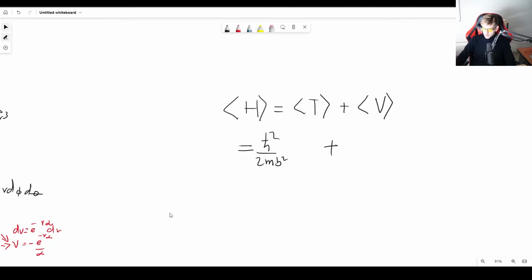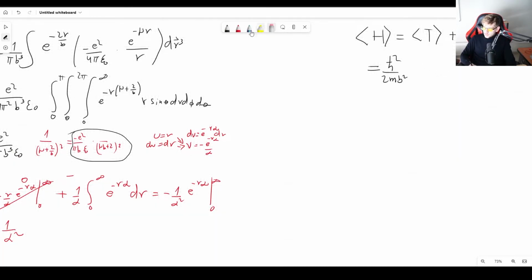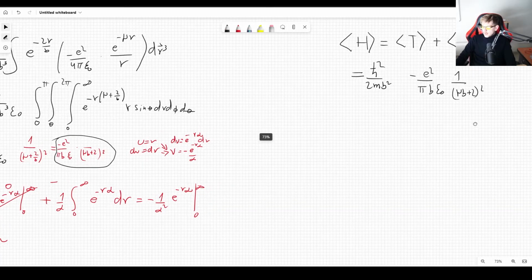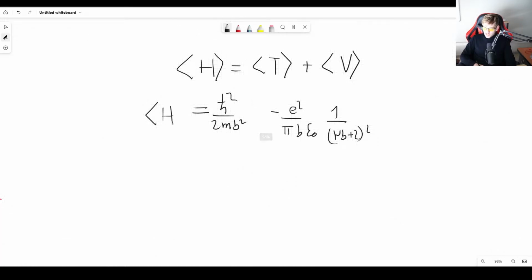And the potential, which we just found, is, okay, it's negative, so minus e squared divided by pi b epsilon 0, and then 1 over mu b plus 2 squared. Okay, so this is the expectation value of the Hamiltonian, which is the energy.